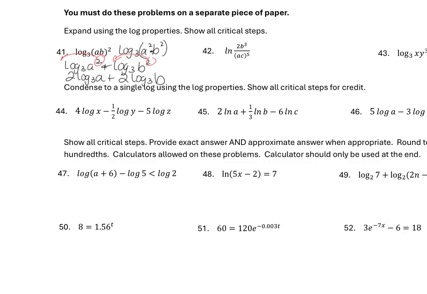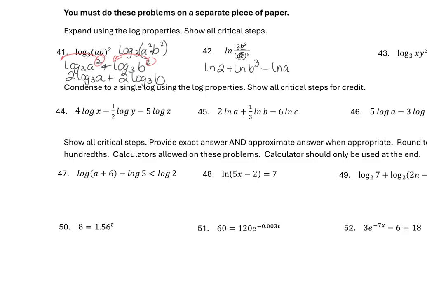Okay. In number 42, we have a 2, a b, an a, and a c. So we're going to have 4 separate logs. Now the a and c are both getting the 5th power here. So I have ln of 2 plus ln of b cubed. Now anything in the denominator is going to be subtraction.